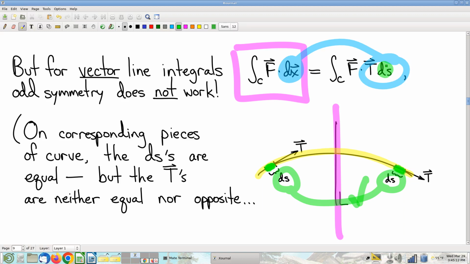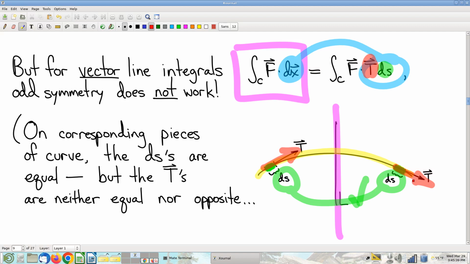So ds by itself is not enough to look at, we also have to understand the T. And if you look at the T here, the T vector for this first piece is like that. The T vector for the second piece is like that. They are not the same. You can see perfectly clear in the picture, they're not the same. They're also not negatives of each other, so you can't tweak this and say, oh, we'll use even instead of odd or something like that.